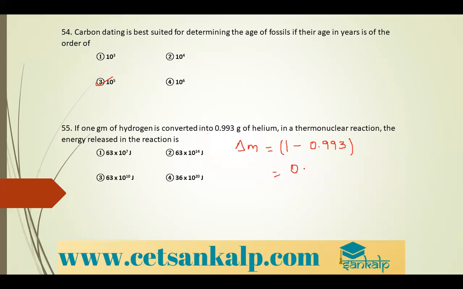So it is 0.007. So that is 7 into 10 to the power minus 6 kg. That is your delta M.